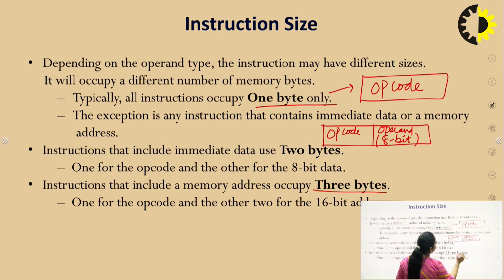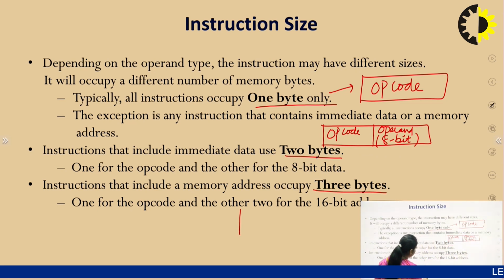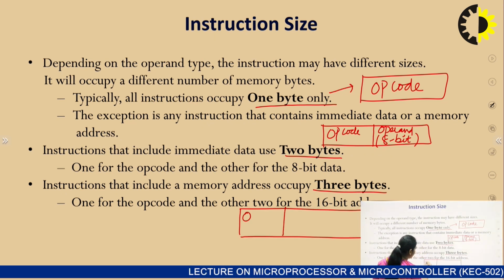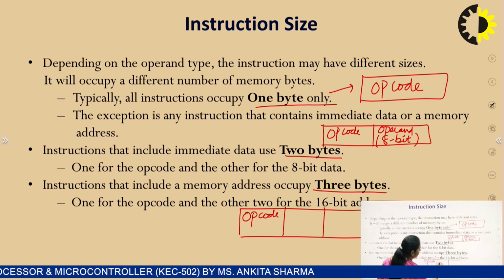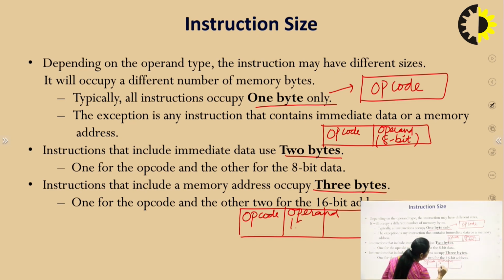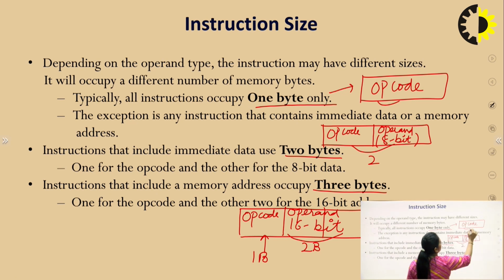And for 3 bytes it can be written as opcode, operand and operand, and this operand will be 16-bit. Each block is a byte here. So we have a 3 byte instruction, a 2 byte instruction, and a 1 byte instruction.